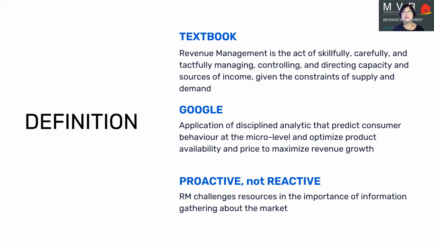And Google's definition is an application of disciplined analytics that predicts consumer behavior at the micro level and optimizes product availability and price to maximize revenue growth. Whatever it is, it needs to be proactive. And revenue management challenges: you have resource constraints and the importance of information gathering about the market. All of this will be covered in this mini workshop.